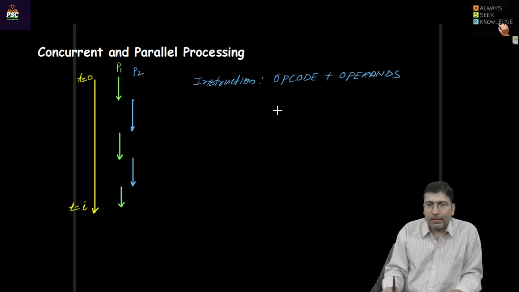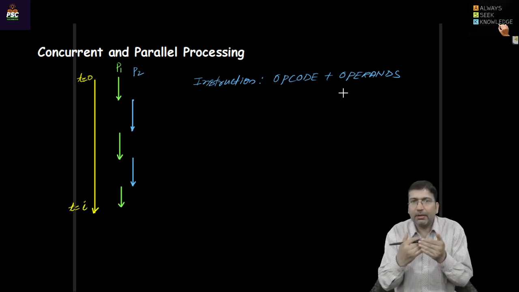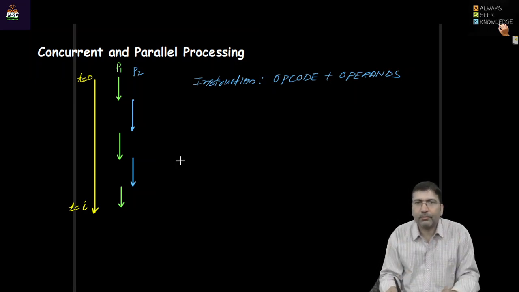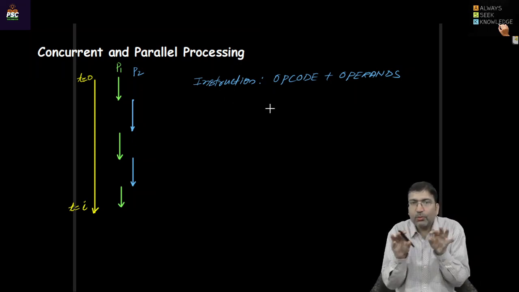So when we execute an instruction, it may require some operands or data. The instructions of a program or a process may be interdependent or may be independent. A single program can be divided into subunits or sub blocks that are independent of each other.